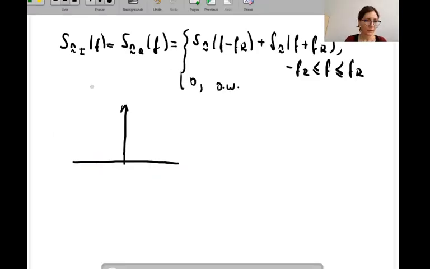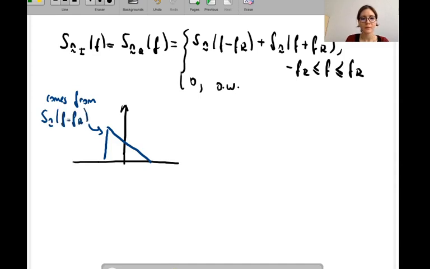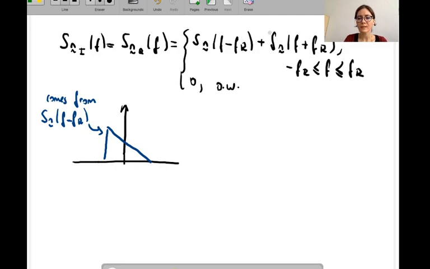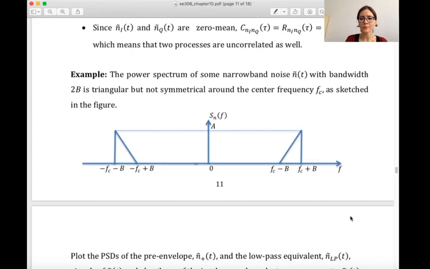So we will have this one. I'll pick again the colors. This first one comes from Sn of f minus Fr, and its friend, this one, is lost because it went outside the spectrum. And then the second term, Sn of f plus Fr, means that we take the spectrum and shift it to the left.